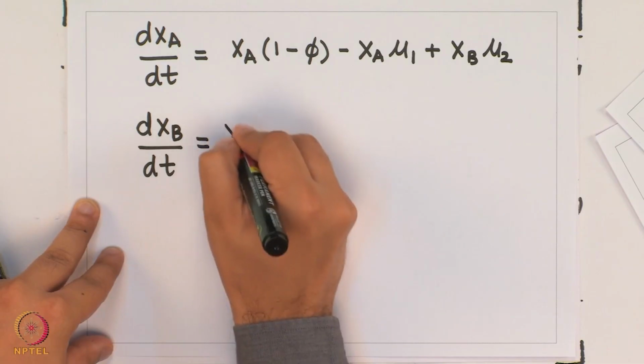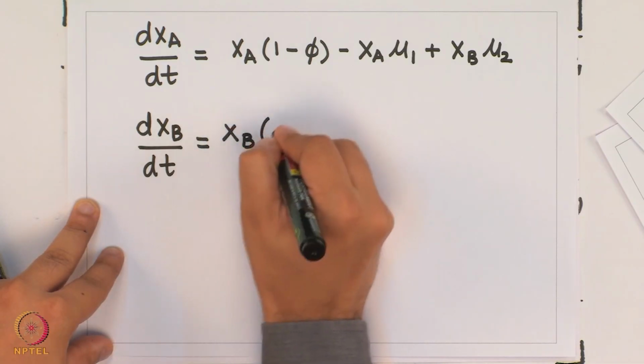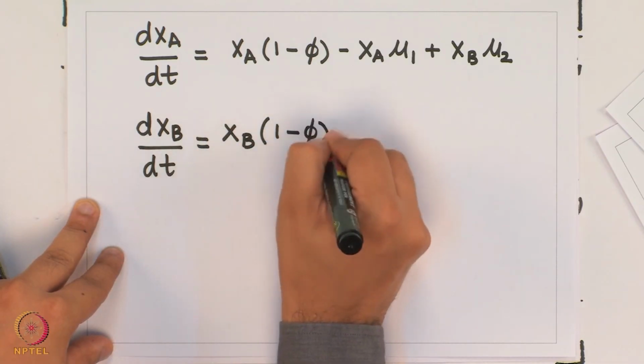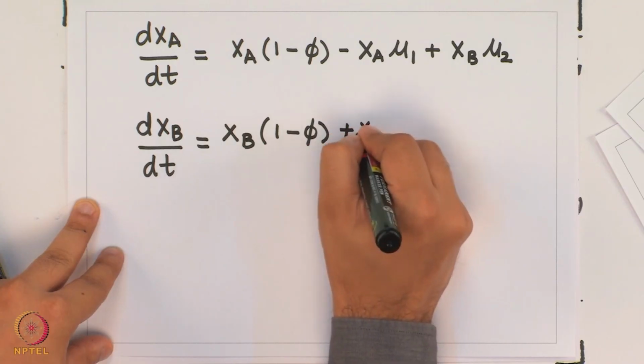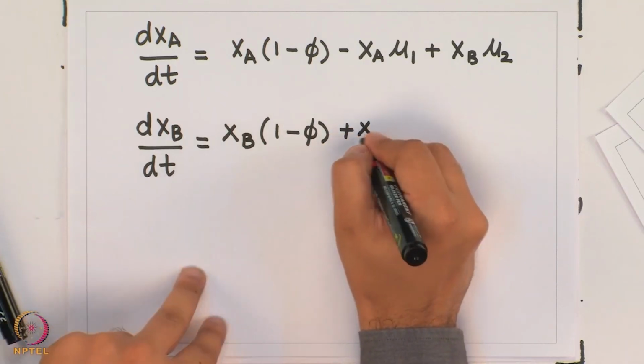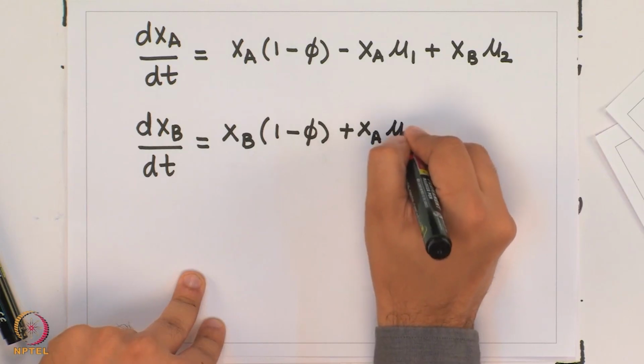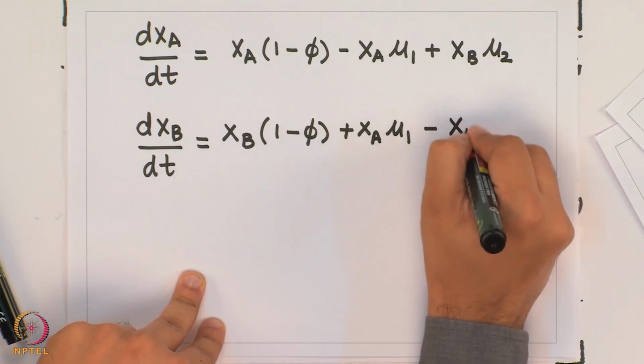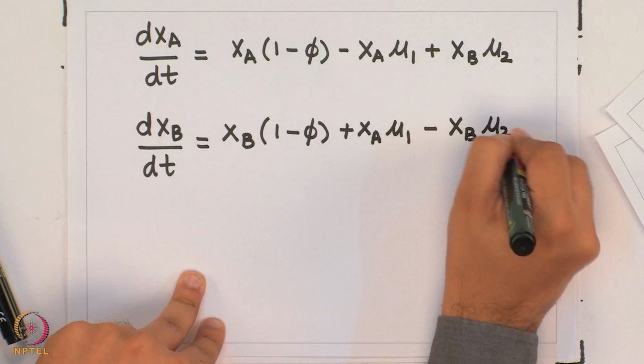and dxb/dt is equal to xb times (1 minus phi) plus xa times mu1 minus xb times mu2.